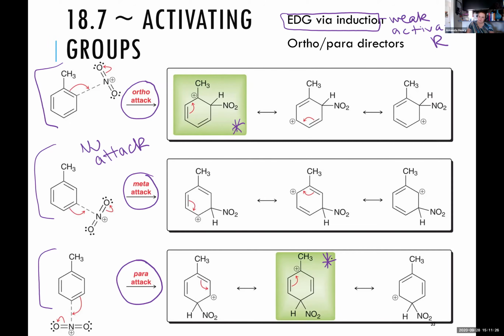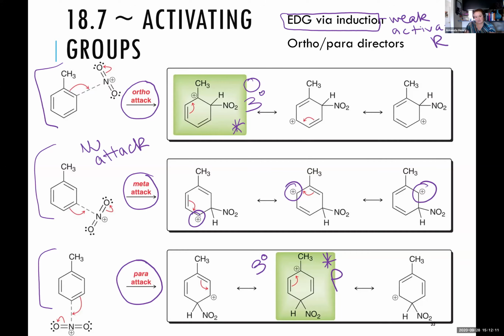So I've pointed this out many times now, but as that carbocation moves around the ring, it hits every other carbon. So if we add our substituent ortho or para to our methyl group that's already on the ring, as that carbocation moves around the ring, it hits the benzene carbon where our substituent carbon is attached, giving us a tertiary carbocation. And we know, of course, that tertiary is more stable than secondary and primary.